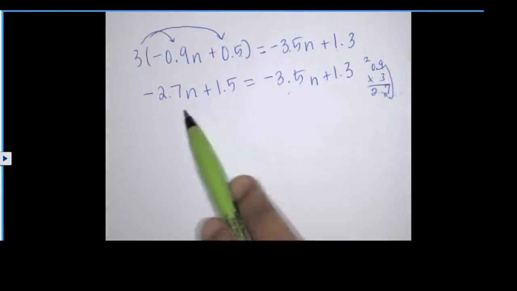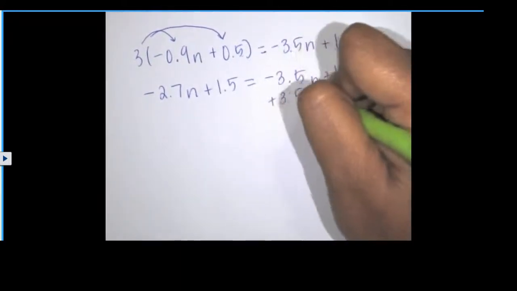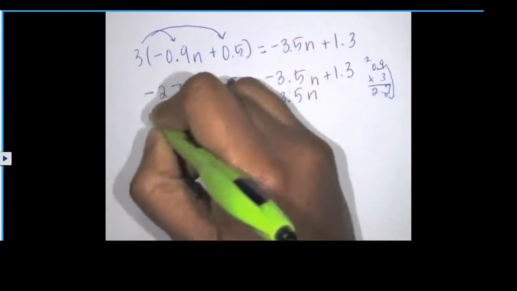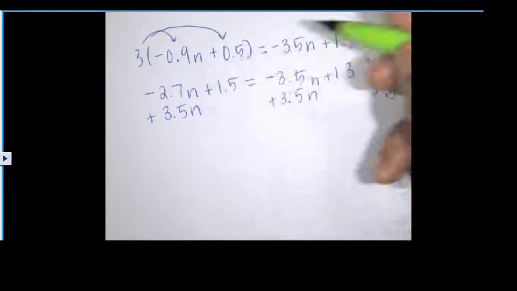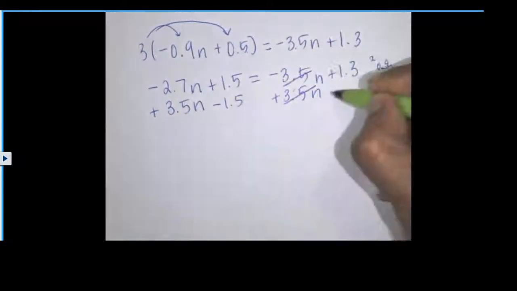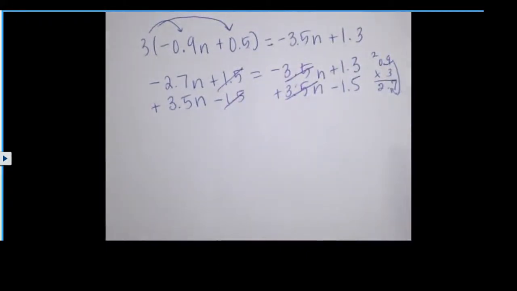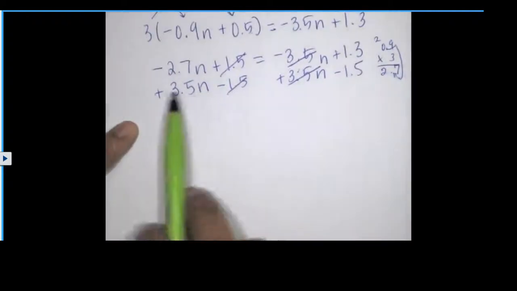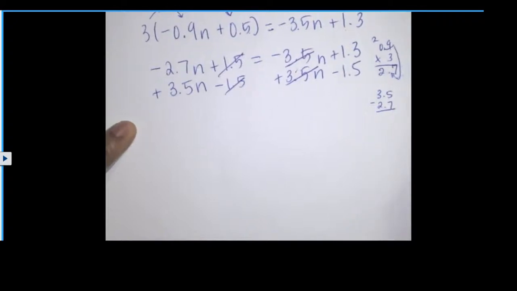All right, so I'm going to do my letters to the left, my numbers to the right. So I'm going to add 3.5n over to this side, which means I'm going to end up subtracting these 2 values. And then I'm going to subtract 1.5 over to the right side. And I'm just doing this in 2 steps just to save some time. Okay, so when you subtract 3.5 minus 2.7, remember to line the decimal up.